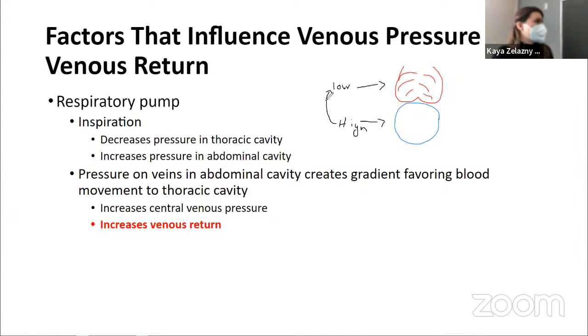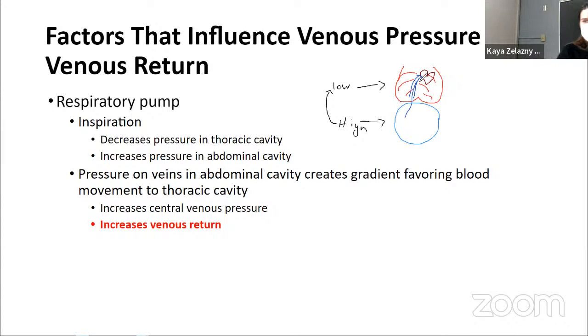Okay, so this is great for our veins because our heart is in our thorax. All right, so our heart's up here. So here is where we're moving from those peripheral veins into this low pressure of our central veins in the thorax. So this is kind of sucking blood up into the thorax and into the heart.